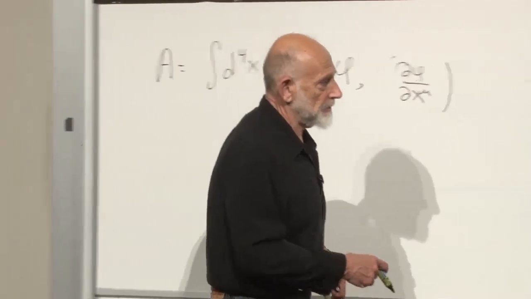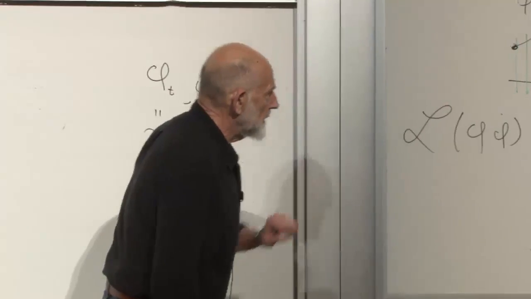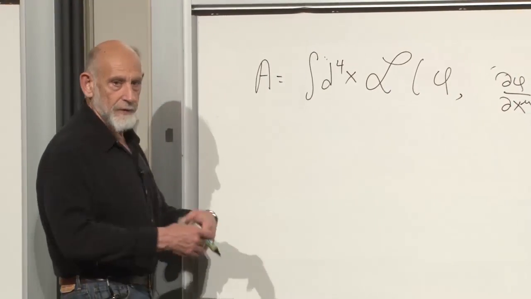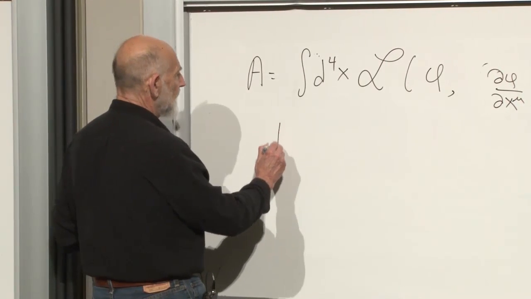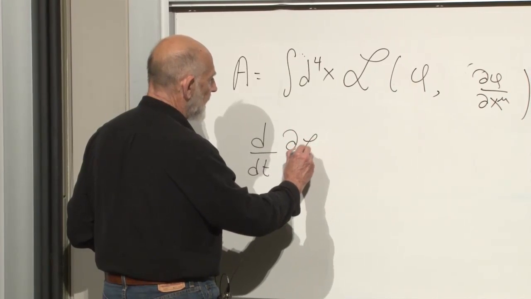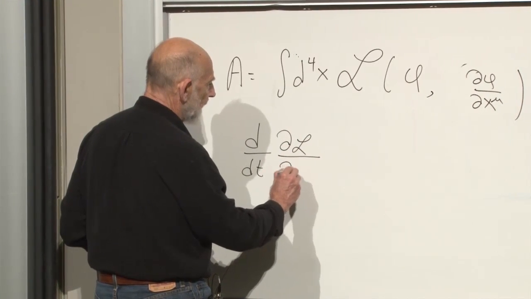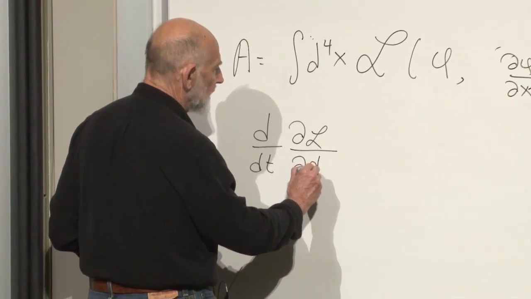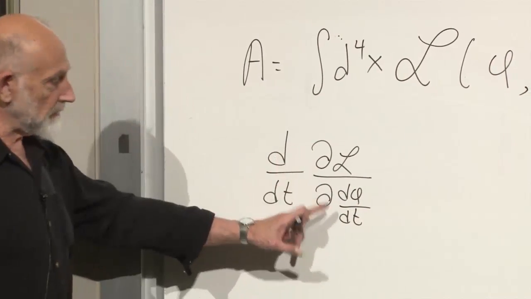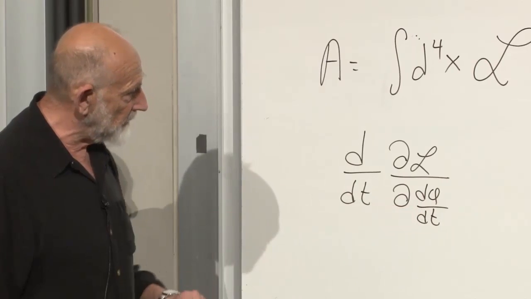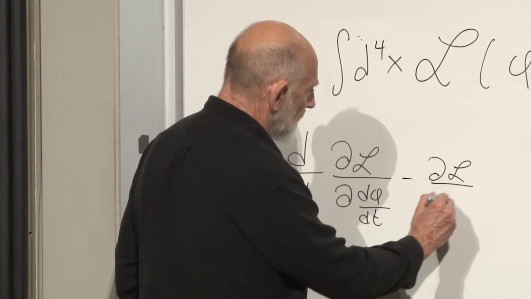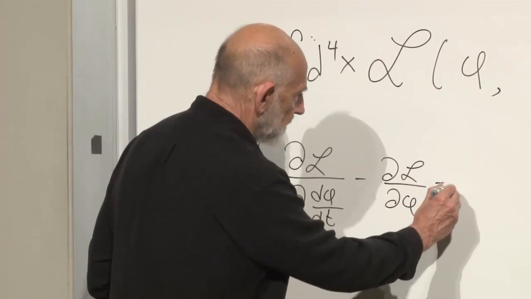Well, no, let's rewrite the ordinary Euler-Lagrange equations over here, and then I'll change them. Originally, it was d by dt of partial of L with respect to d phi by dt. We differentiate the Lagrangian with respect to d phi dt minus the derivative of Lagrangian with respect to phi equals 0.